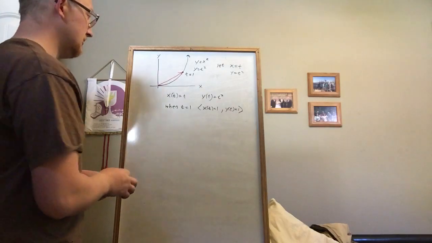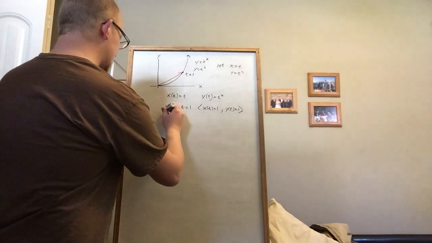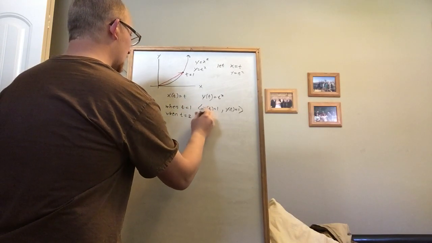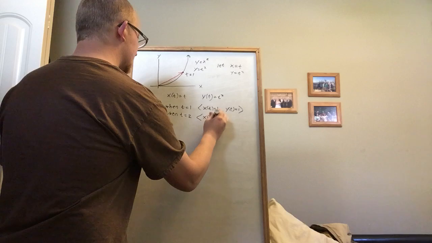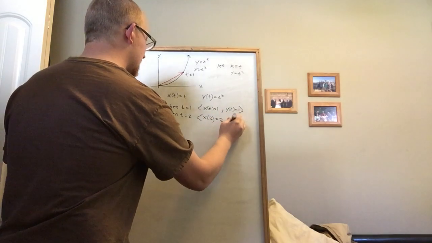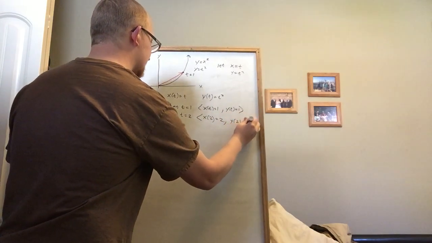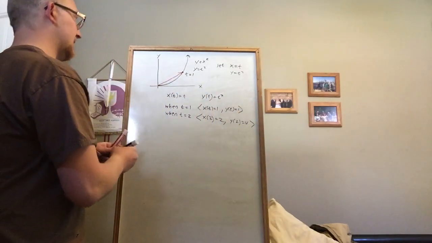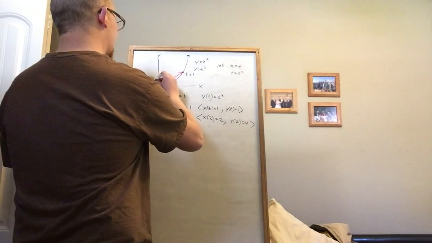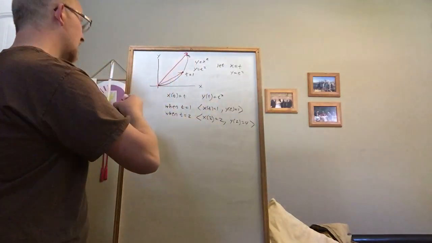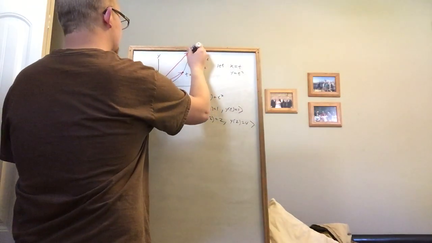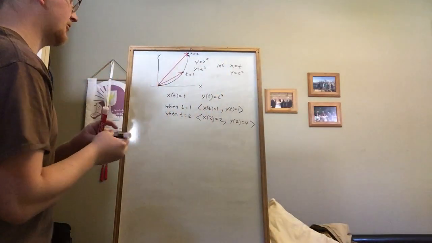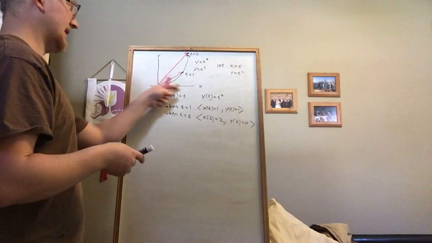Now at time 2, when t equals 2, what we end up with is x of 2 is 2, and y of 2 is 4, because 2 squared is 4. And so now we're looking at a vector that's pointing to t equals 2, the point which happens to have coordinates 2 in the x, 4 in the y.